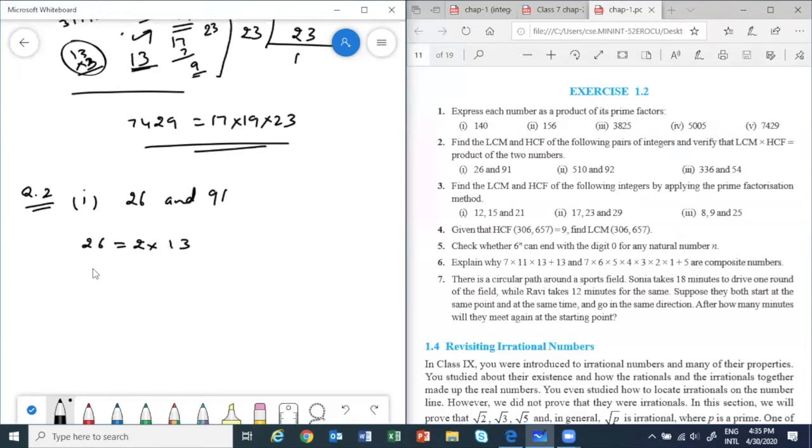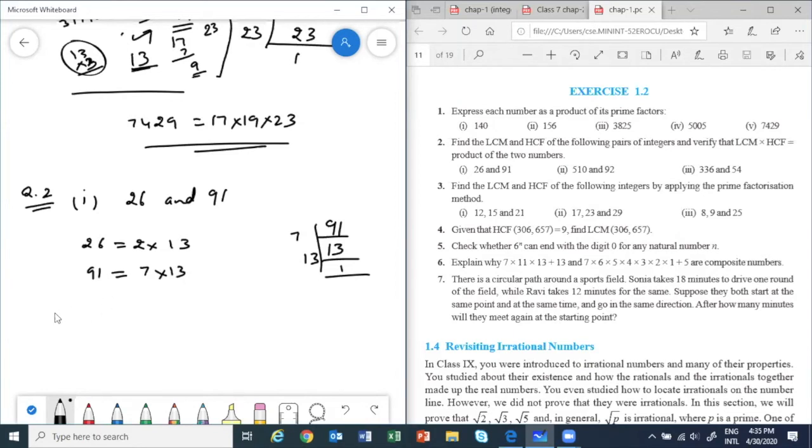What about 91? Try 7, because 7 3 times 21. So 7 1 times 7, and 7 3 times 21. Then we'll have 13. Correct? Yes, Shreya. So we have 7 into 13.